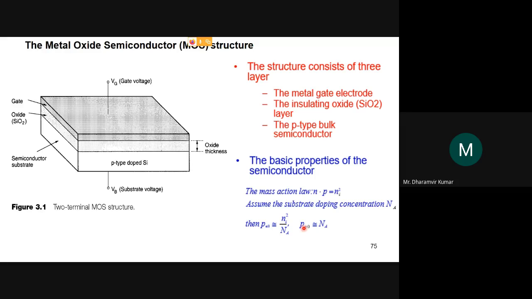So electrons remain as they were in the intrinsic semiconductor. When we converted intrinsic into extrinsic, the number of holes increased but the number of electrons remained the same.